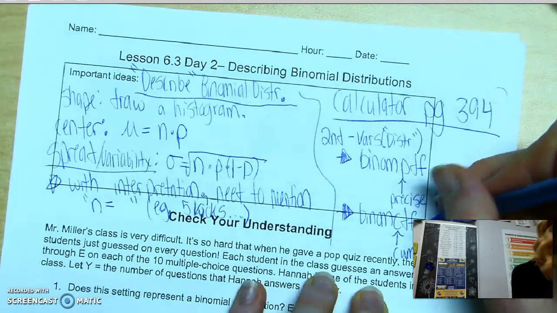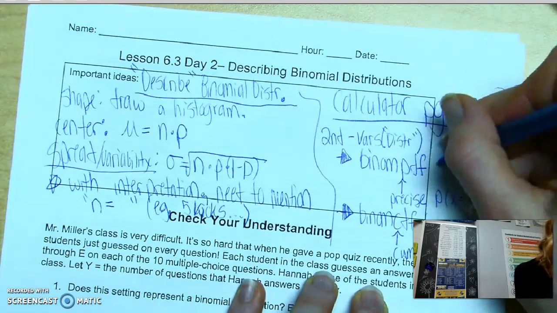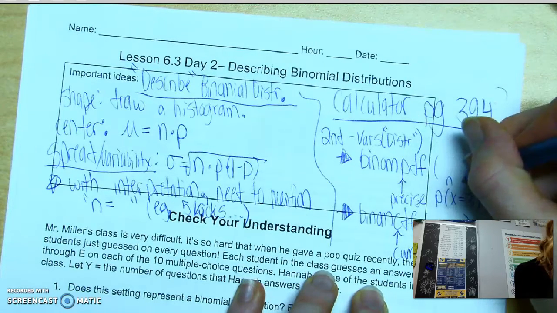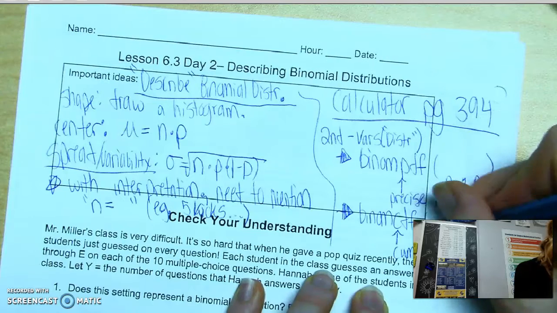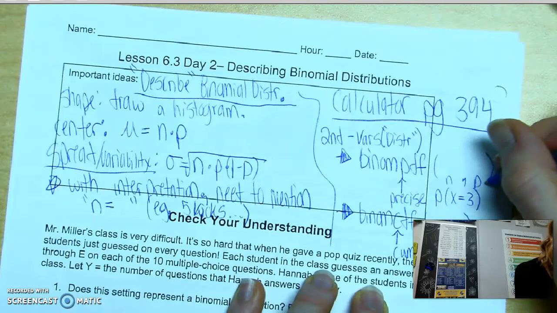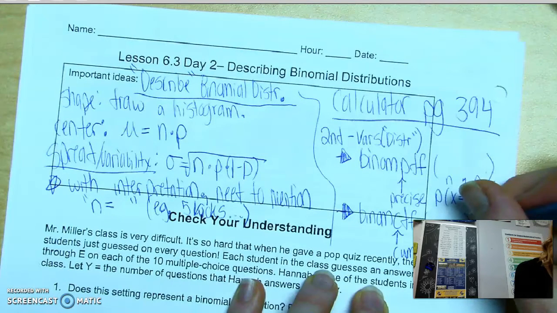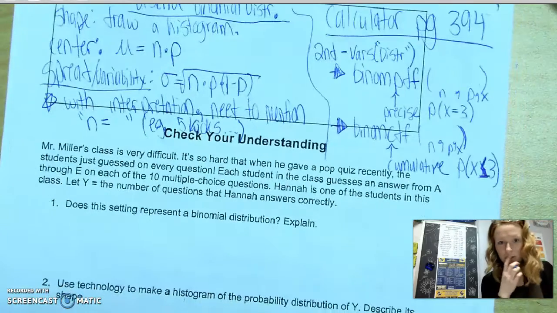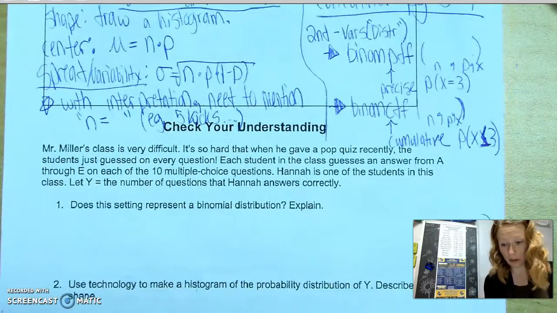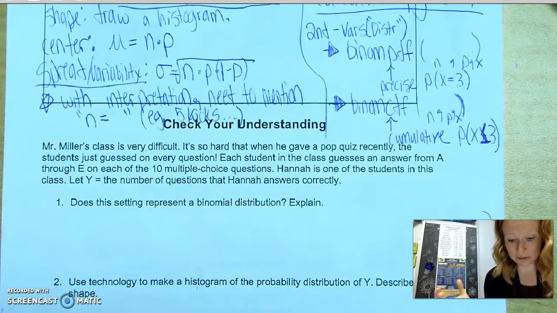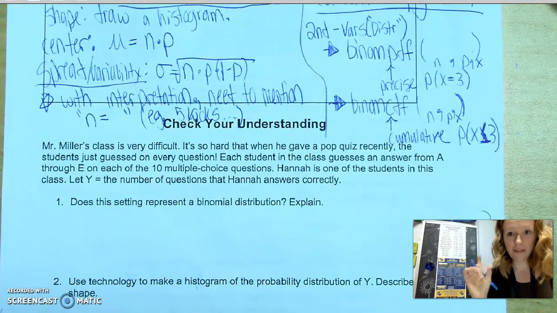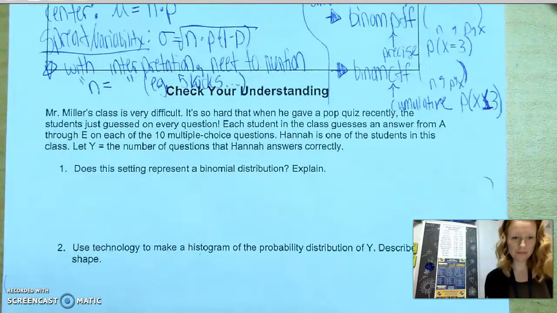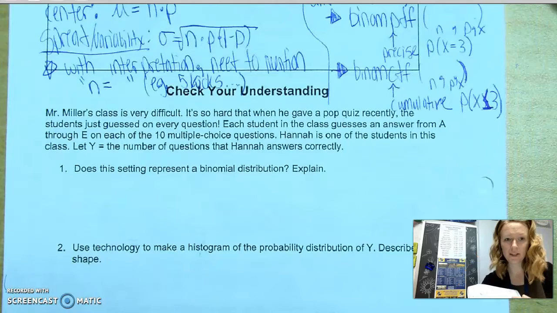It will do a little bit more work for you, but remember, you need to describe, or at least tell me, I think it's N, P, and X. Sorry, I forgot the third thing. You're going to need to label the parentheses as well. Okay, we're going to try your check your understanding on your own, and then we'll come back. You might need some help. It says use technology to make a histogram on number 2.